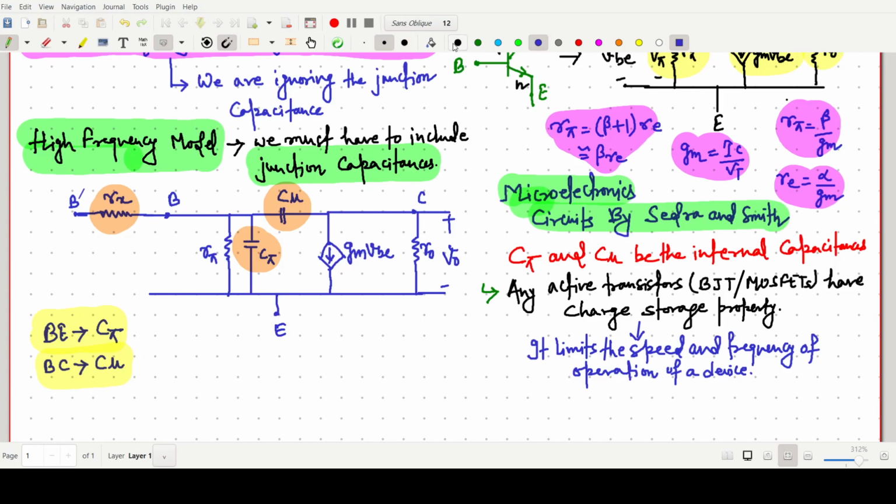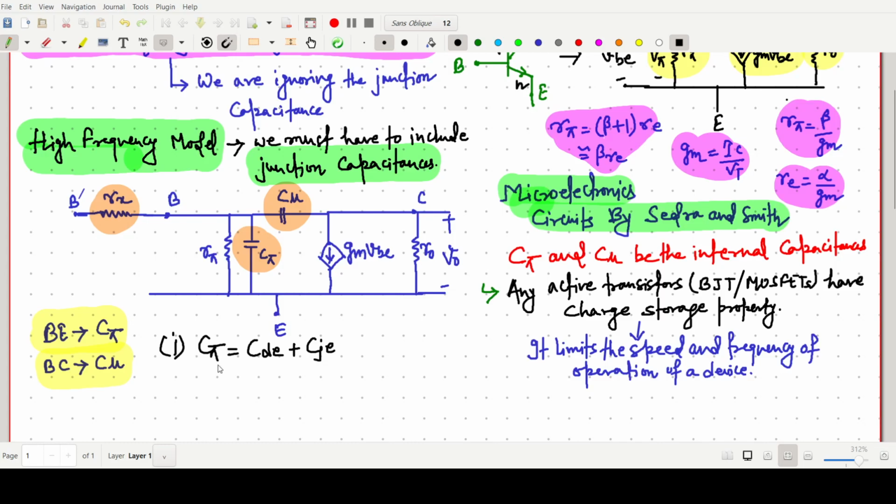Okay, so now next. The first term I am telling is C pi. This C pi is the combination of, I am just writing the formula first: CDE plus CJE.